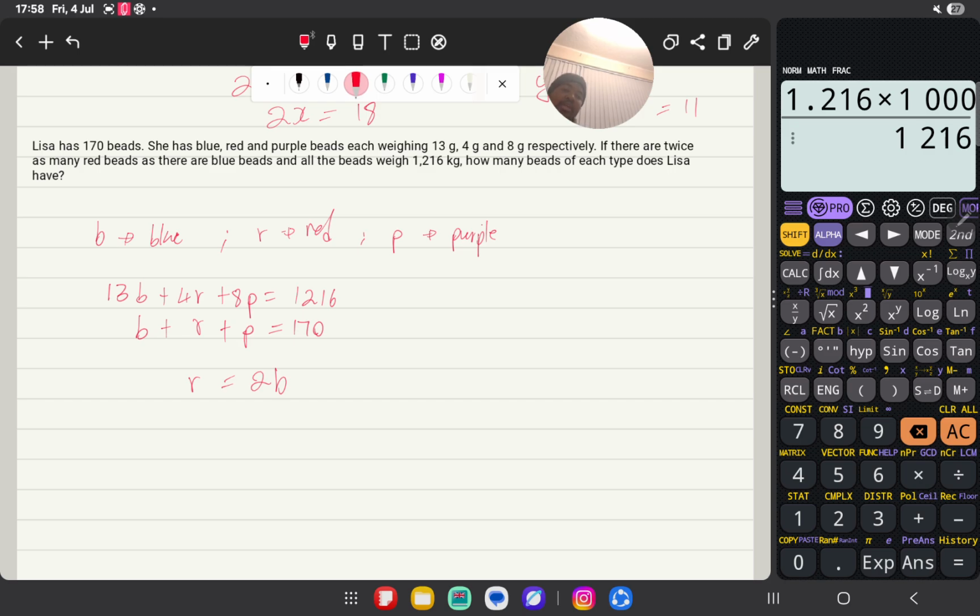Do you see? So now we are no longer solving for 2 variables. There are 3 variables we are solving for. When you are solving for 2 variables, you need 2 equations. You can't solve for 2 variables with 1 equation. If you are solving for 3 variables, you need 3 equations, in which we have 3 equations: 1, 2, 3.